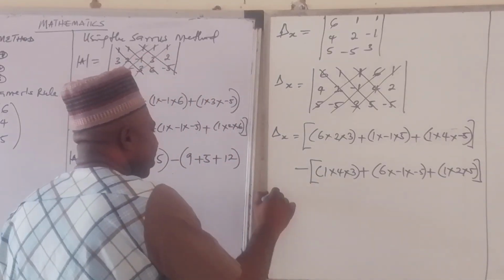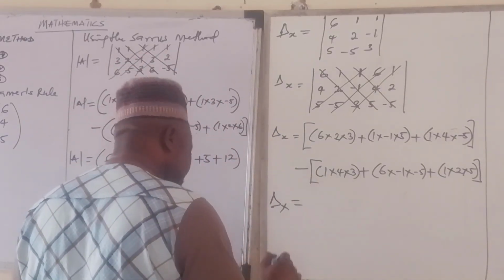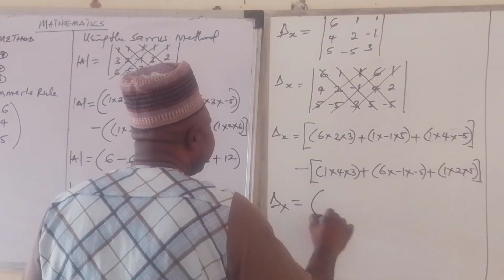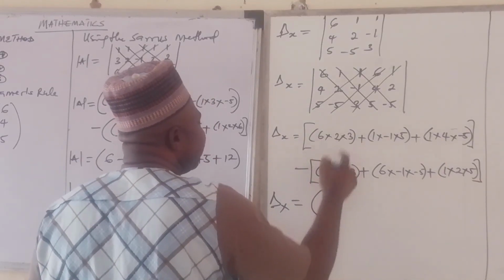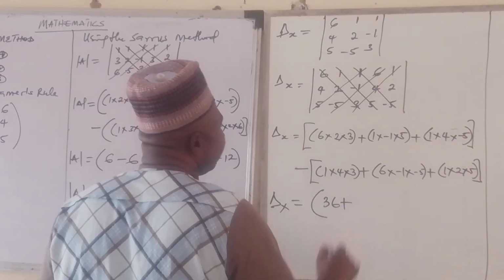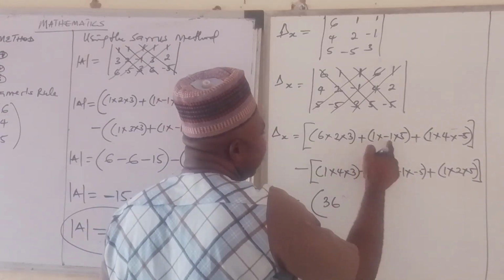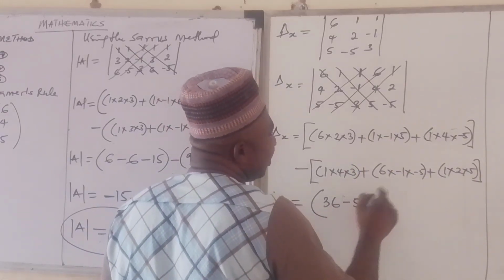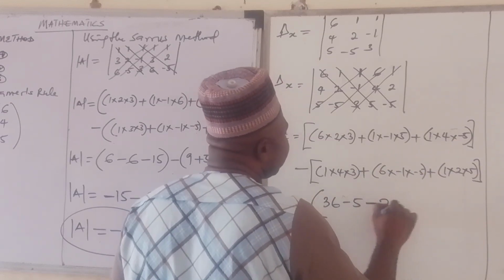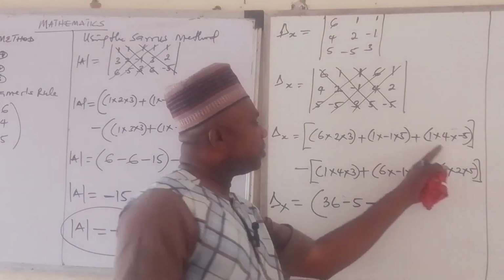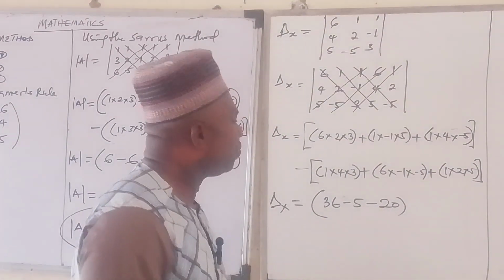So it means the determinant of X will be equal to, here we have 12 times 3, that's 36, plus, now this will change to minus because of this minus sign, 1 times 1 times 5, that will be minus 5. Then because of this minus sign, we have minus 20 there, because 1 times 4 is 4, and 4 times minus 5 is minus 20.